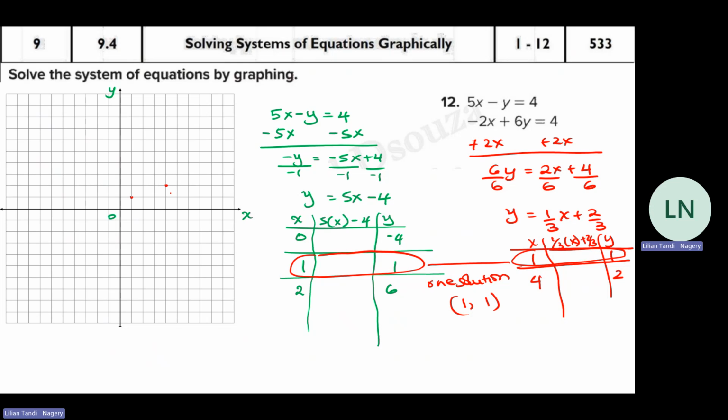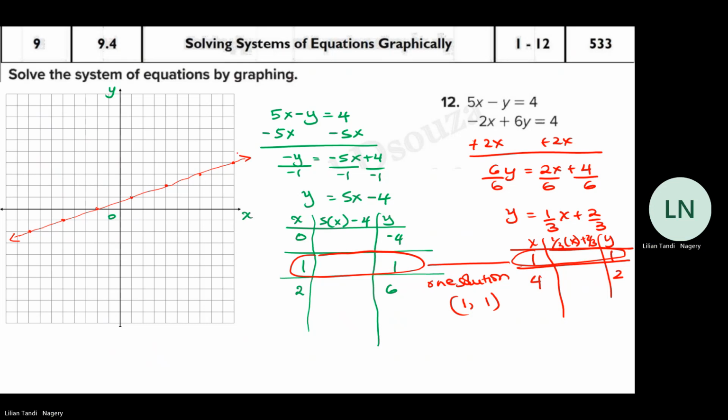Then I follow my slope: 3 to the right, 1 up. 3 to the right, 1 up. 3 to the left, 1 down. 3 to the left, 1 down. 3 to the left, 1 down. I cannot do that. So with my marker, I connect my dots.